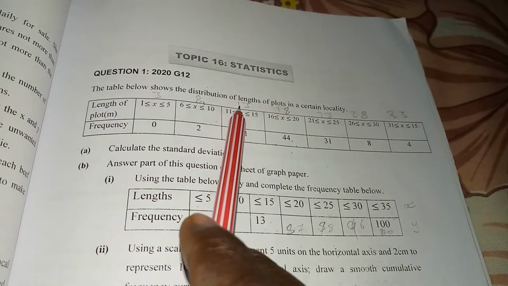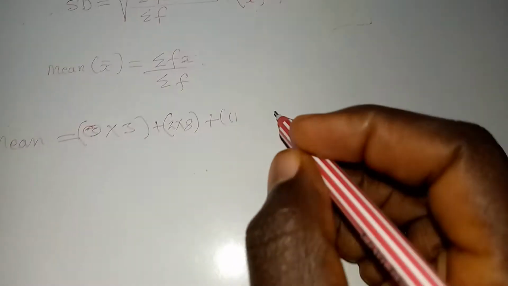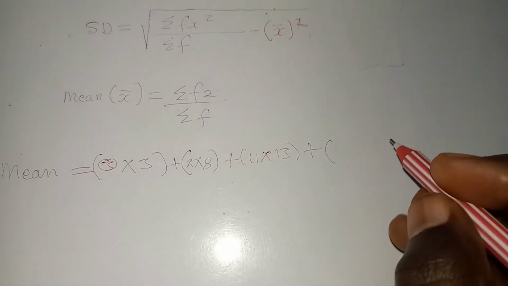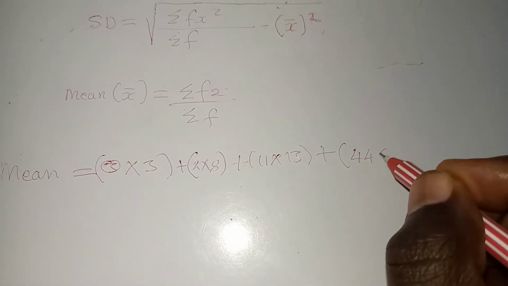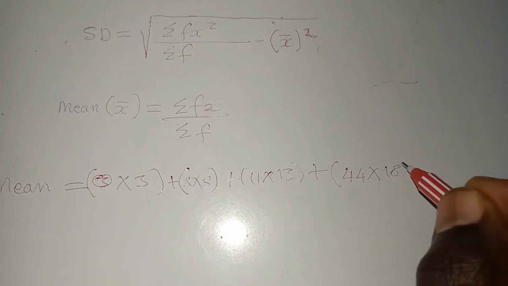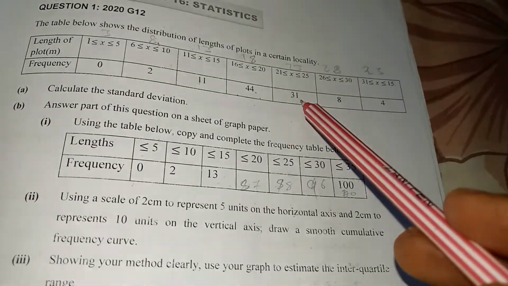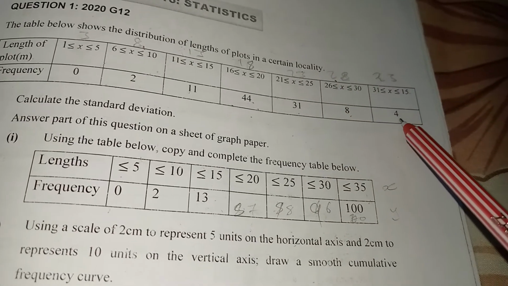Then plus 11 times 13, then the next one will be 44 times 18. Next we have 31 times 23, then the next one 8 times 28, and the last one 4 times 23.